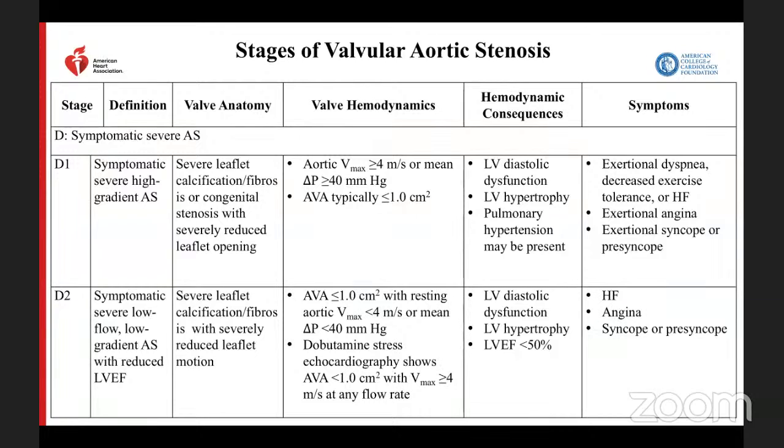With dobutamine stress echo, it will show aortic valve area of less than 1 with velocity of more than 4 at any flow rate. The patient will have left ventricle diastolic dysfunction, left ventricle hypertrophy, and his ejection fraction will be less than 50%, and he will come with heart failure symptoms, angina, syncope, or pre-syncope.